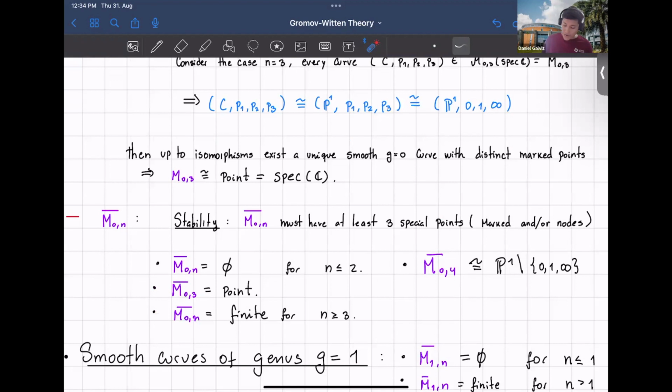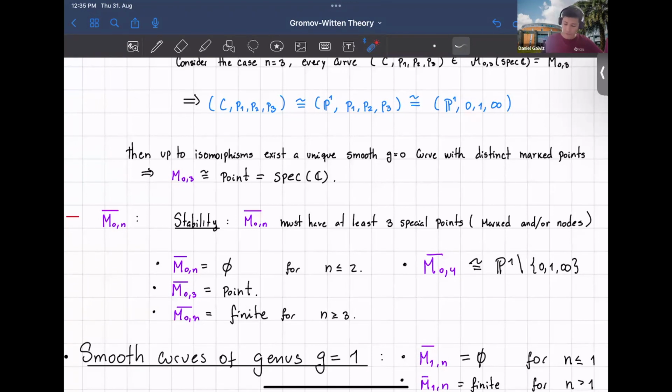Then if you add one extra point, you will have P1 removing these points, because these 3 points are already fixed, and then you have just a P1 without these 3 points. And for whatever n you want, you will have a finite moduli space, which of course gets a little more involved when you put more points to play.